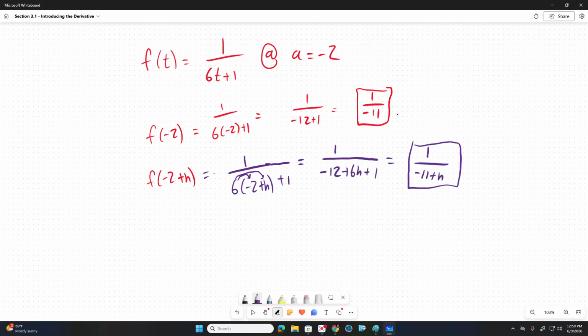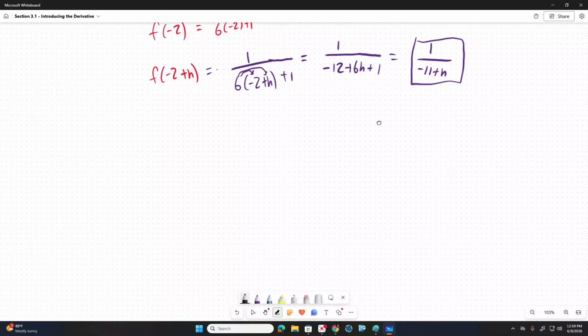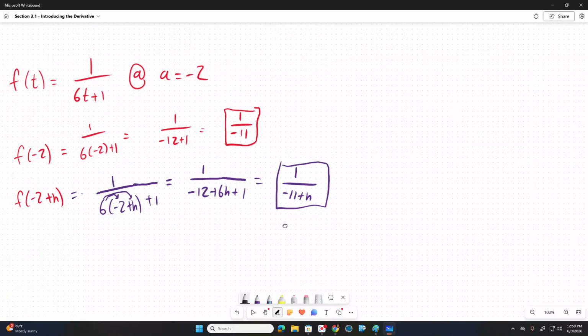Now, as long as we follow the rules, we will be able to evaluate this limit, but I want you to be very careful on how we combine these terms. And specifically, I want to remind us that we don't want to add, we want to find common denominators. And that's going to be my biggest hint there.